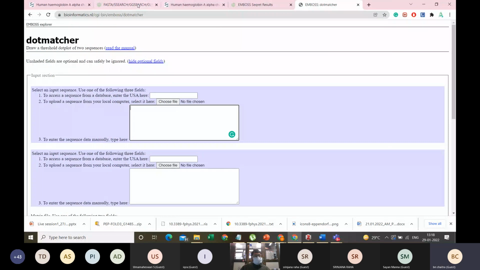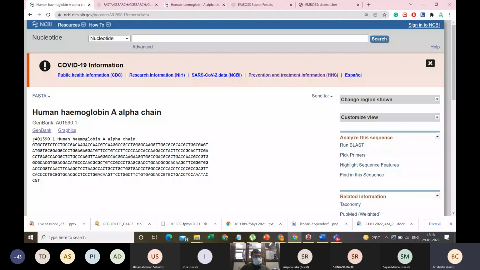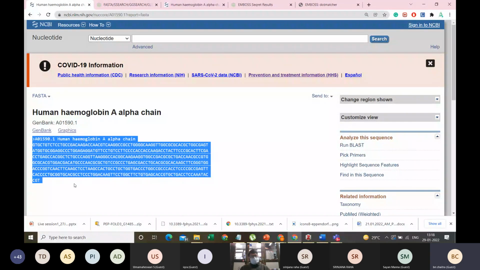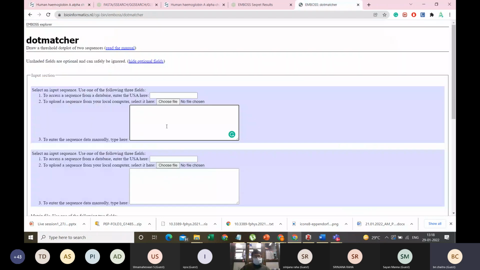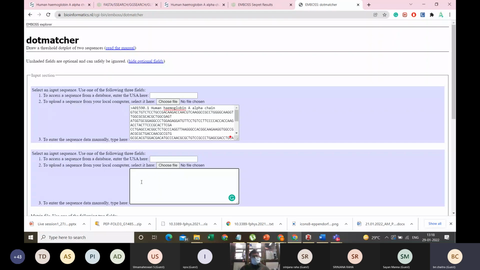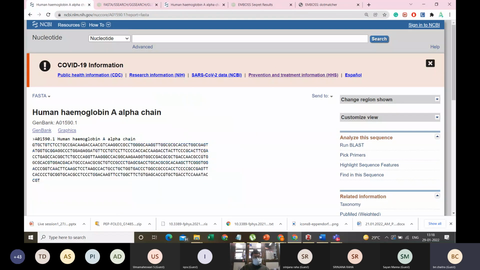We will take this sequence only. Enter the data manually, or just copy and paste the sequence. Now we have to check it against another sequence, right? So I'll just make it.